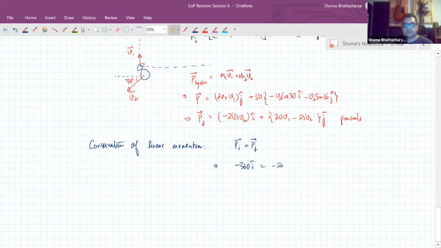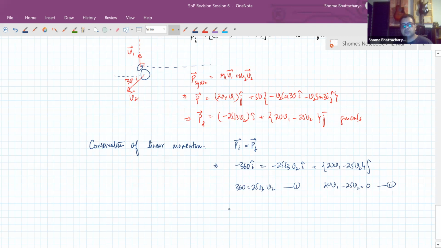This is minus 25 root 3 v2 i cap plus 20 v1 minus 25 v2 j cap. Equating the two, we get 360 equal to 25 root 3 v2, and 20 v1 minus 25 v2 equal to 0.